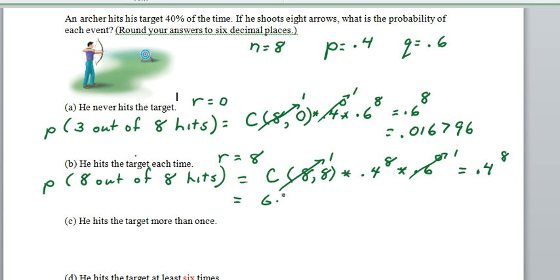That means move the decimal place 4 places to the left. So we have 0.000655.